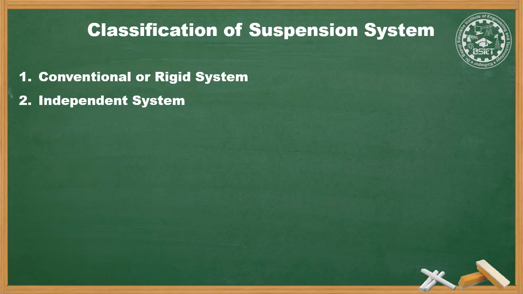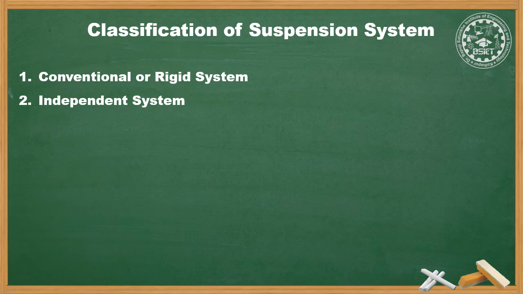Second, independent system. The independent system is one in which there is no rigid axle beam and each wheel is free to move vertically without any reaction on the other wheel. This suspension system is basically used nowadays in all small passenger cars.